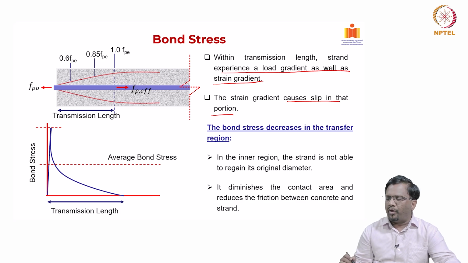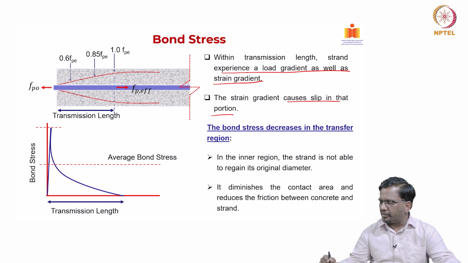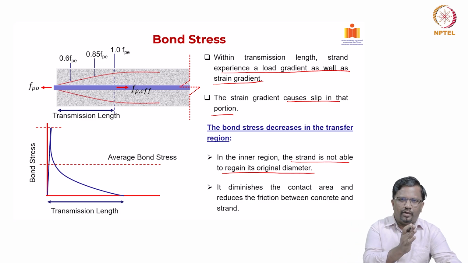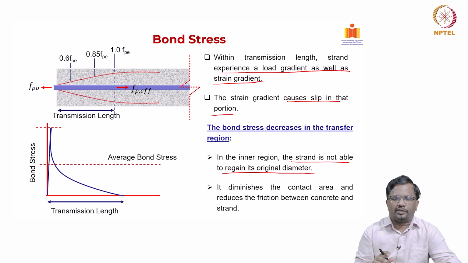Now, why are the bond stresses decreasing in the transfer region? In the inner region, as we have explained previously, the strand is not able to regain its original diameter. Only close to the end region, the edge region, do you have less stress requirements.